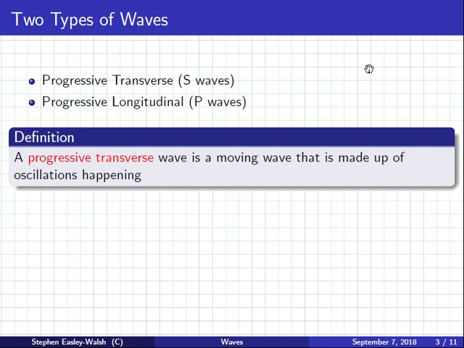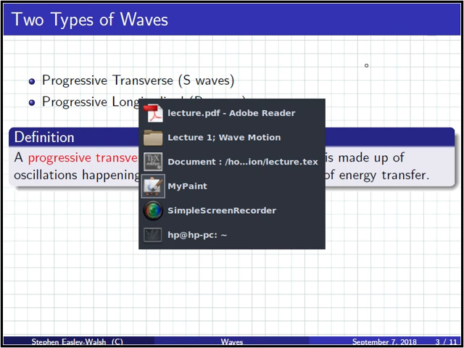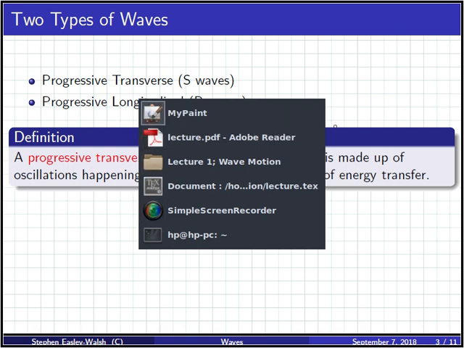So a progressive transverse wave is a wave that is made up of oscillations happening perpendicular to the direction of energy transfer. So, what is that? That is this wave. I'll show you with my hand.